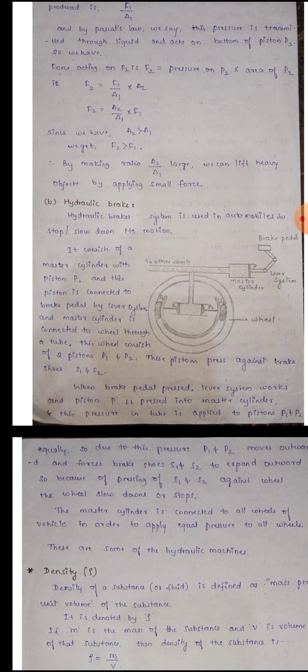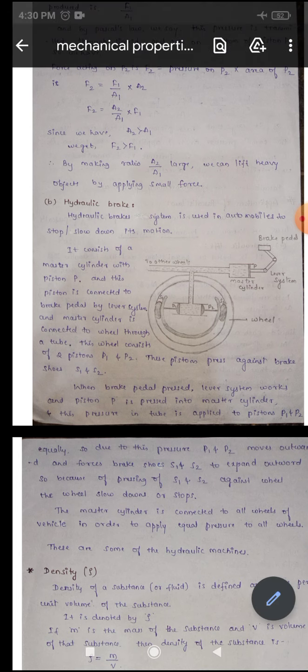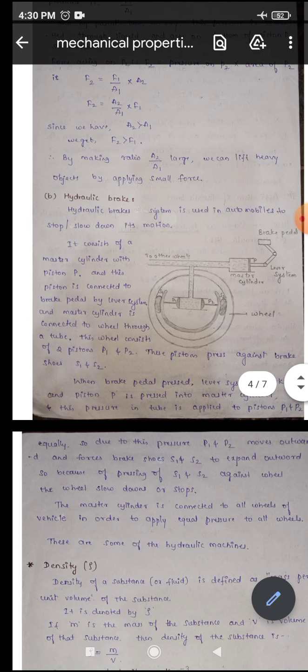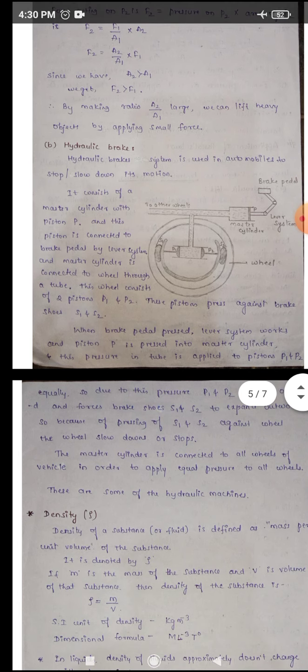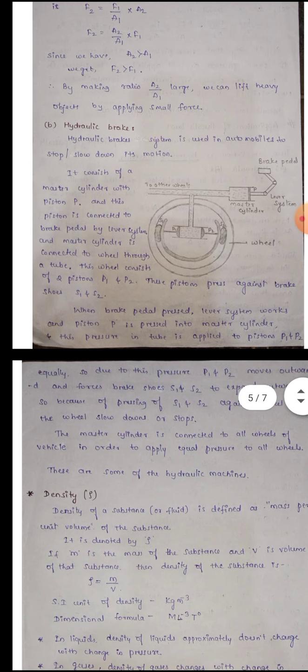When you apply the brake with your hand or foot, that moment the vehicle stops, or its motion slows down. That is the mechanism of the hydraulic brake system. We are going to see how it works.